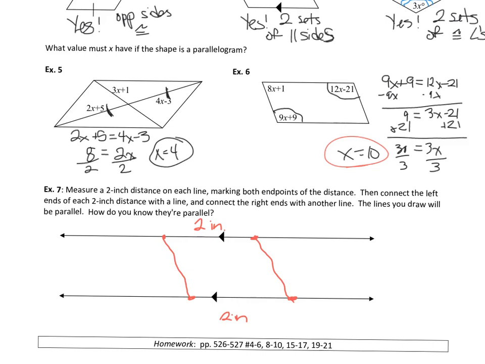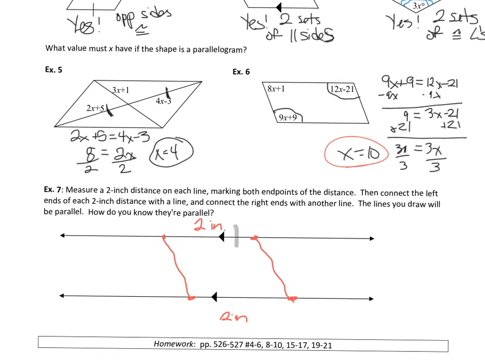And I need to determine, is this shape that I drew a parallelogram, yes or no? Now, if I could draw a straight line, it may look a little bit more like a parallelogram. However, I know that this side length here and this side length here are both parallel. And I also knew that this was 2 inches and this is 2 inches. So that means those two sides are congruent.